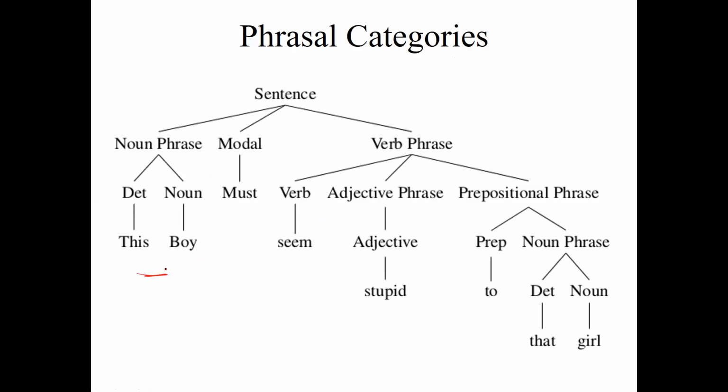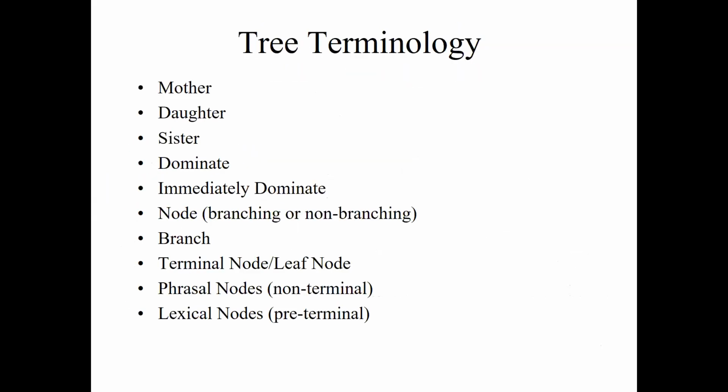Okay. So mother, daughters, I'll just write D for daughter. And then these two are sisters. I'll just write S. Ooh, that wasn't right. And other terminology, a node that's above another node dominates it. If it's right above it, it immediately dominates it. We've also talked about phrasal nodes and lexical nodes. So that's just some terminology.